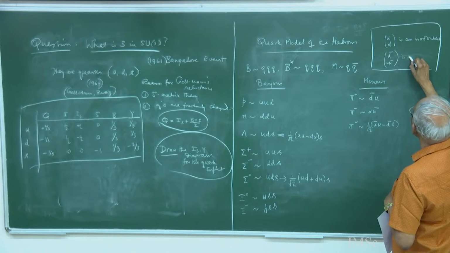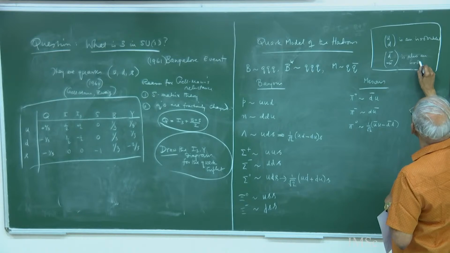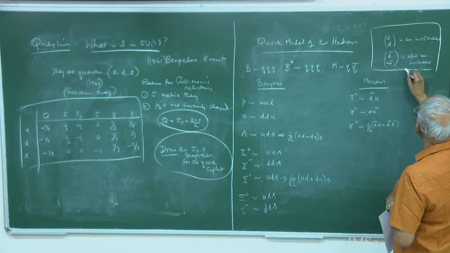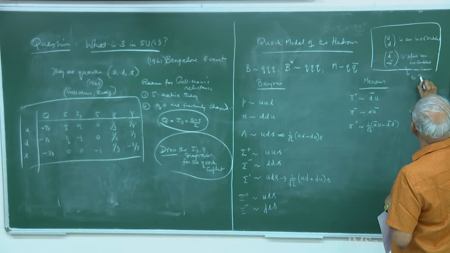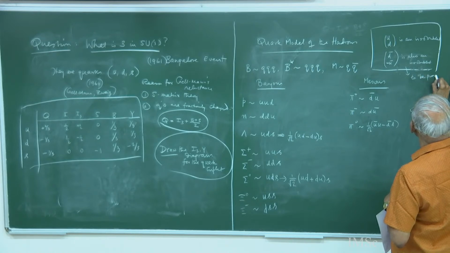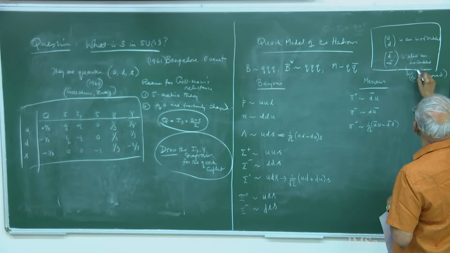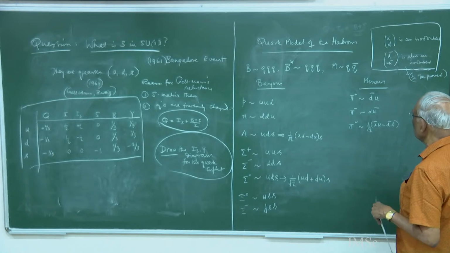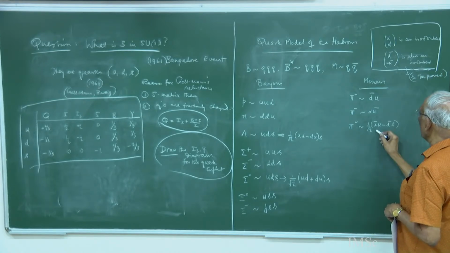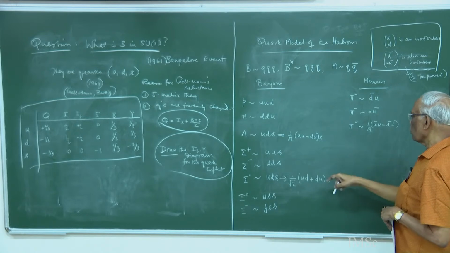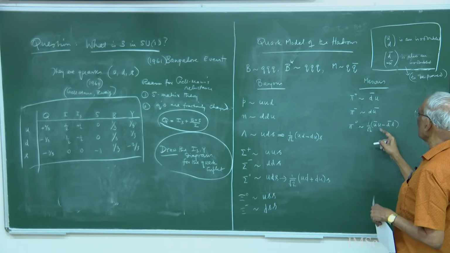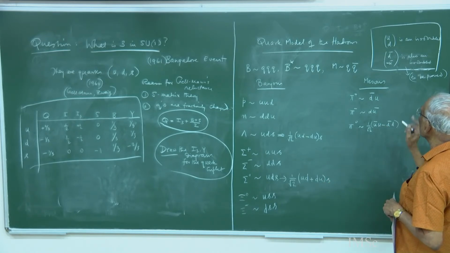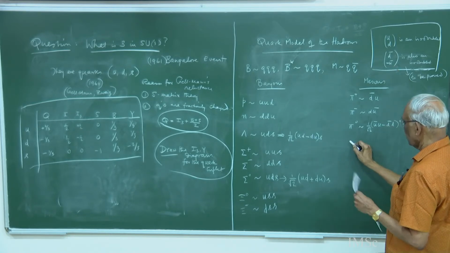It is also an isodoublet. It requires a little bit of mathematics of isospin SU3, so to be proved, let us say. People who already know that mathematics may be able to prove it as homework, but I will do it in any way. So that is why, because of the relative minus sign instead of plus, when one of them is a particle and one of them is an antiparticle, remember there is always a relative minus sign.